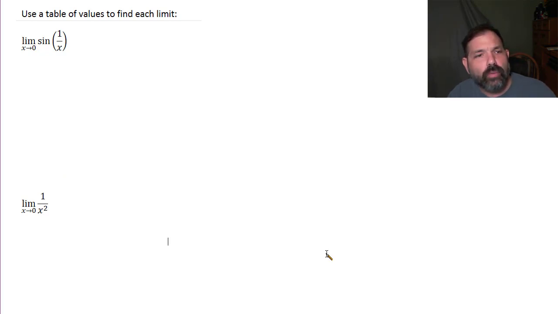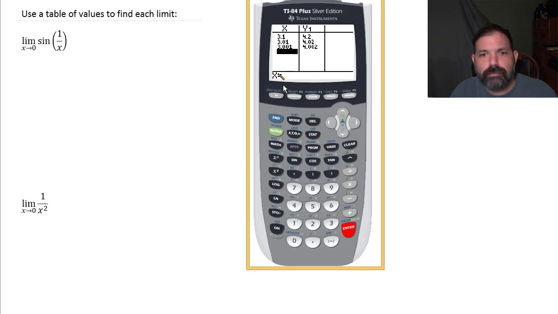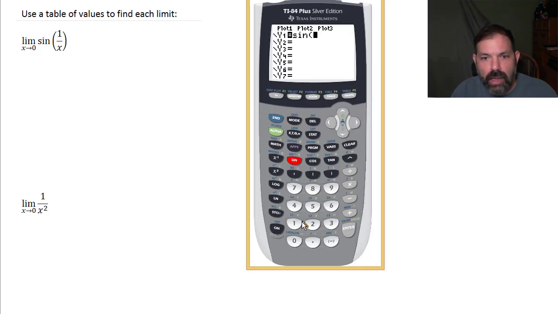All right, what if we wanted to find the limit with x approaching 0 of the sine of 1 over x? All right, so if x is approaching 0, let's see what happens. If I go to my y equals screen and type in sine of 1 over x, and let me go to my table.